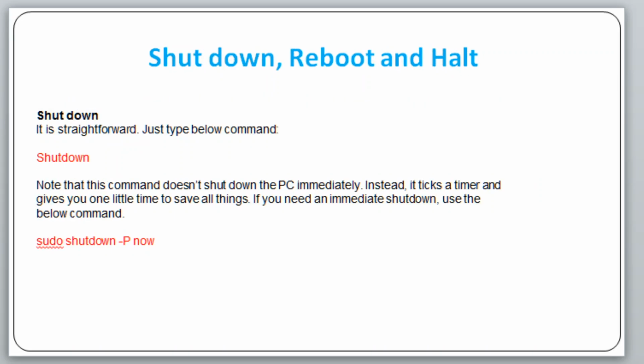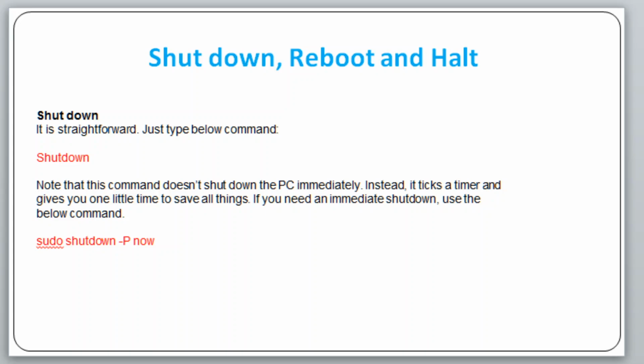It's actually a pretty simple command that you can type in. You just type in shutdown on the command line, and it'll turn your system off. However, take note that this command doesn't shut down the PC immediately. Instead, it starts a timer and gives you a little time to save everything. So if you need an immediate shutdown, you want to use the command below, and that's going to be sudo shutdown -P now. And P stands for power off, okay?